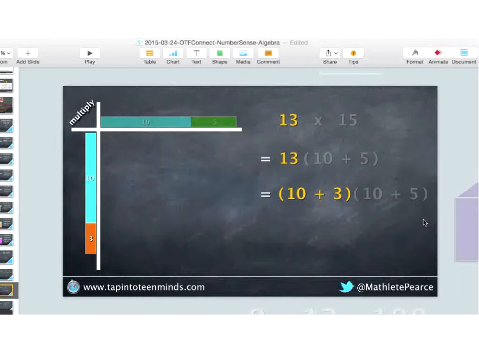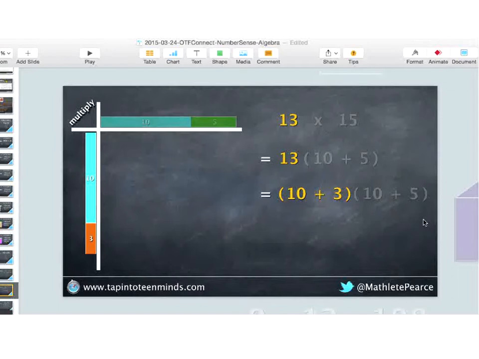Now, why I think this is so important, especially if we are able to do this early, is that students will then see, in this case, it's very easy to see the 13 broken down into 2 numbers. So it would make sense that both of those numbers are going to have to multiply by everything in the bracket. When students get to grade 10, some students, especially struggling students, really have a hard time with it.